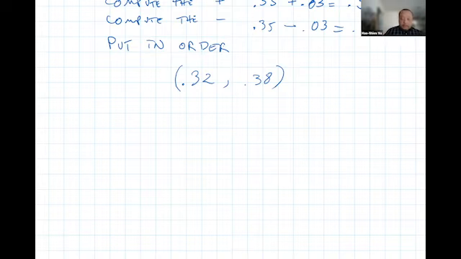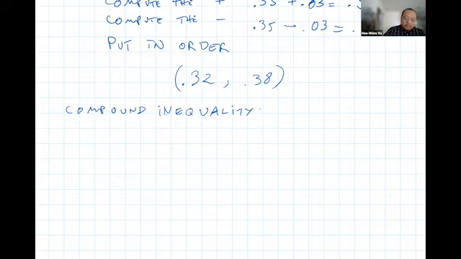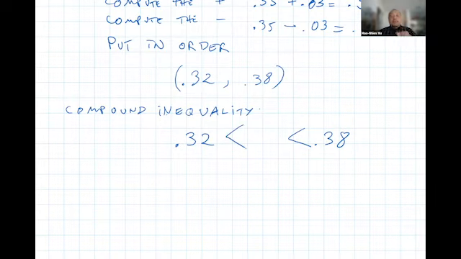Now, how about the compound inequality? Well, I know the 0.32 is on the left, the 0.38 is on the right, and they have two inequalities. But now I need what letter to go in between. In a stats problem, you will need to determine what kind of symbol goes in there.